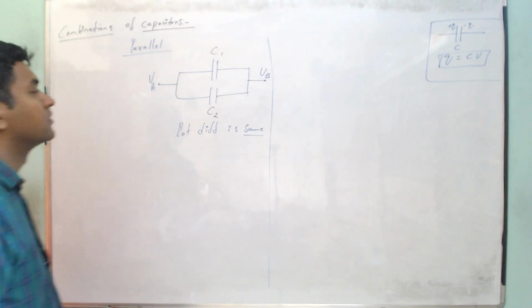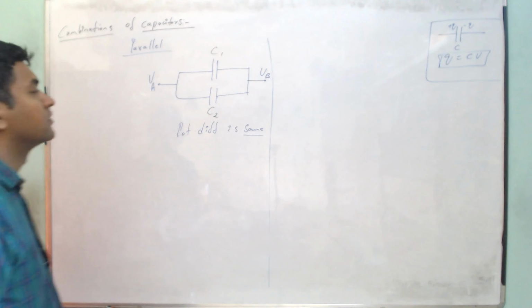I have no story in that. I saw two capacitors whose ends have the same potential difference. They're parallel. That's why I wrote the first thing is potential difference is same. To identify a parallel combination, we can check if the potential difference is the same.